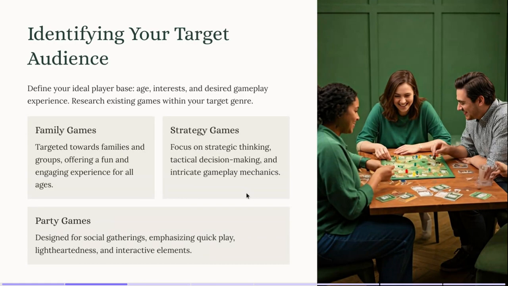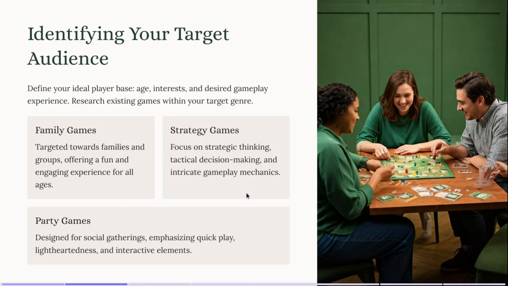So there are different types of games, so you should try to identify which type of game you want. And you can do market research on Amazon, for example, to see which ones are selling well. In a lot of Amazon listings, you can see how many units have been sold in the past few months.